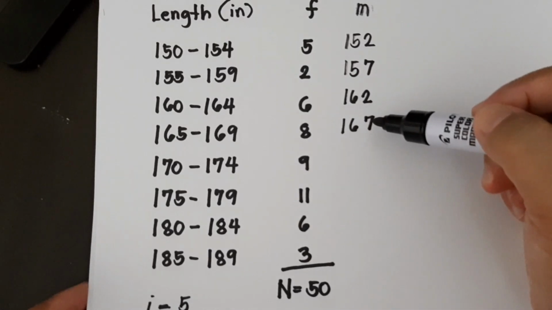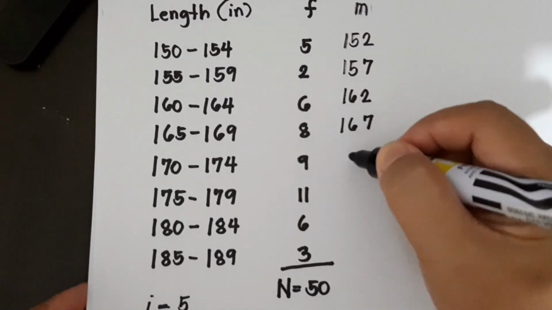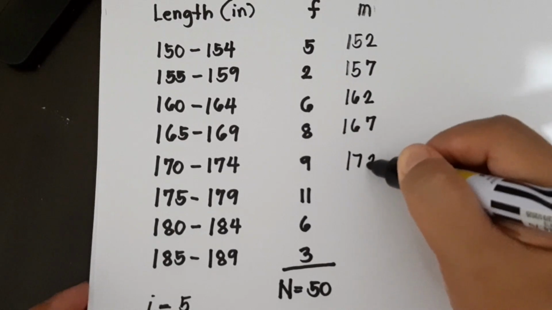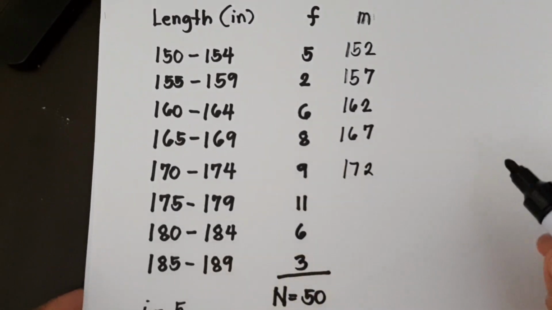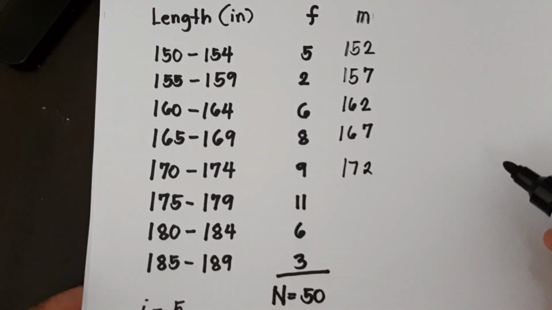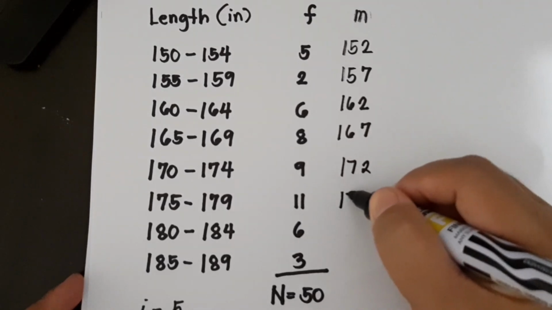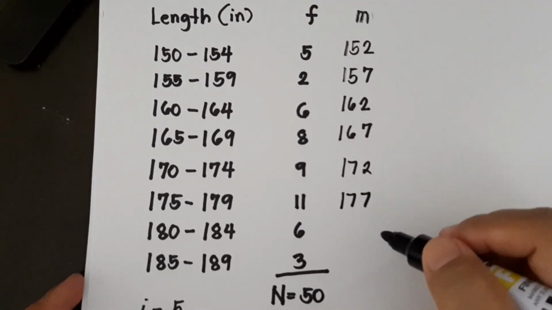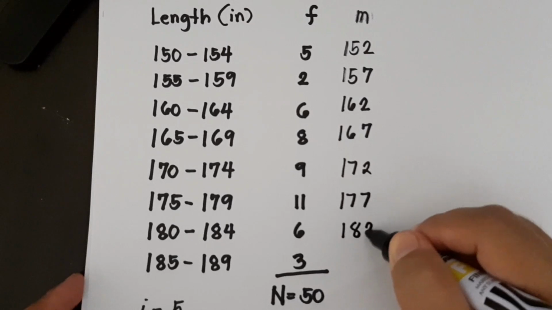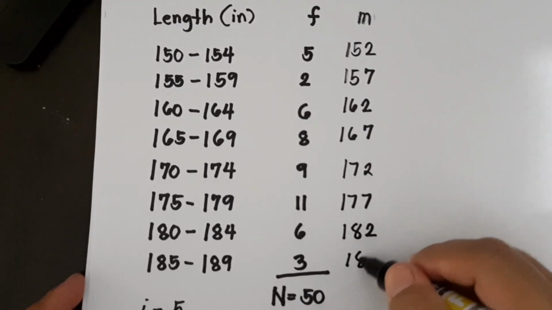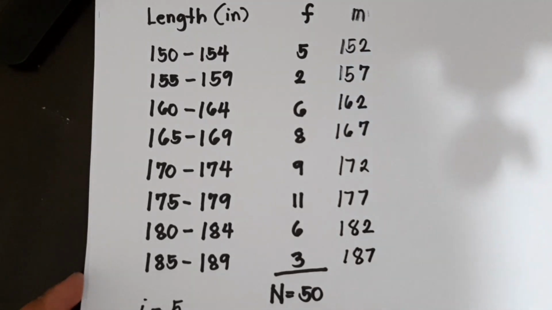Plus 5, 167. Plus 5, 172. Para hindi na kayo add ng add dito, and then, hindi na rin kayo nagdi-divide by 2. So, ito yung mas mabilis na paraan. Then, 182. And then, 187. So, that would be your midpoint.